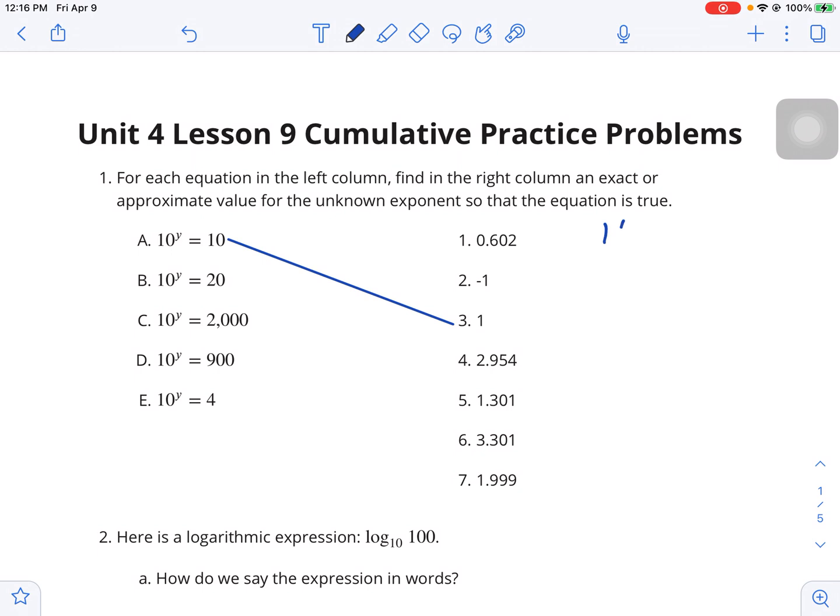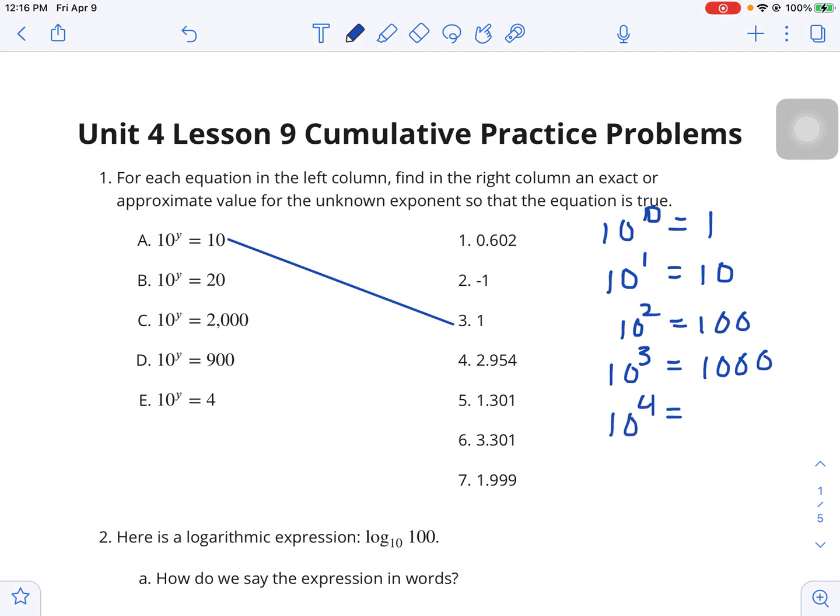Well, we know if we start writing out, first of all, 10 to the 0 is 1, 10 to the 1 is 10, 10 to the second power is 100, so it's just a 1 with that many zeros. 10 to the third power is 1,000, 10 to the fourth power is 10,000, 10 to the fifth power is 100,000, and so on. So that should help us.